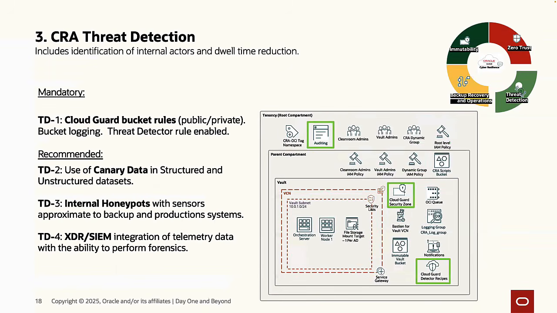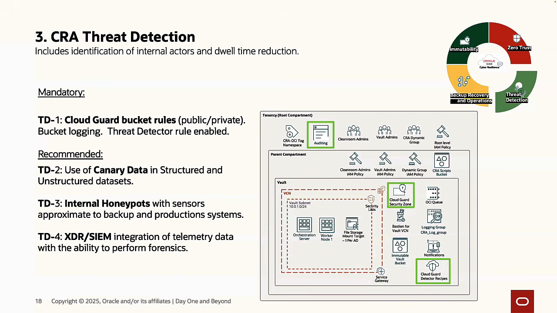Threat detection is critical and paramount, because again, a lot of threat actors can dwell or remain in your environment for an extended period of time. So there's a few different techniques that you could utilize to minimize that dwell time. Most customers are deploying things like CloudGuard, which is Oracle's cloud-native cloud security posture management tool.